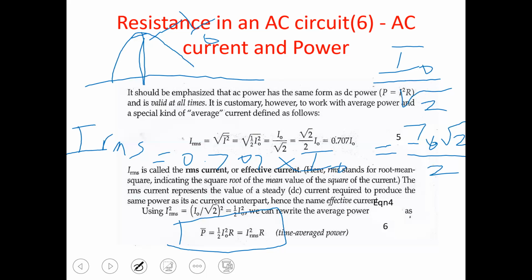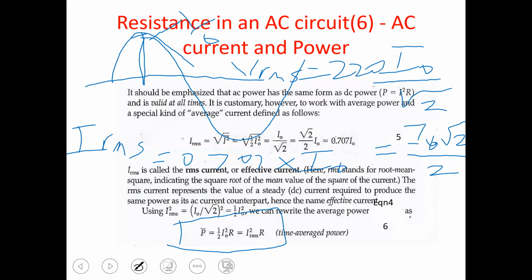That should be 311. So it goes as high as 311 volts and comes down as low as minus 311, up and down that way, but in the long run, the presentable voltage, V RMS, is 220 volts.